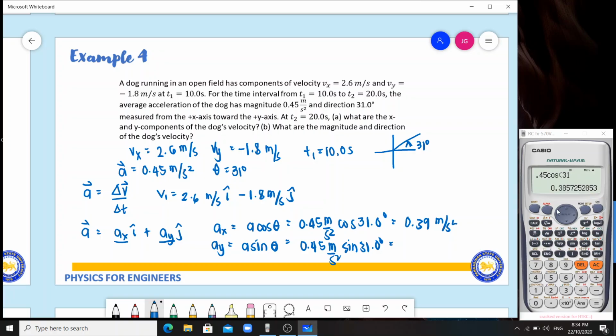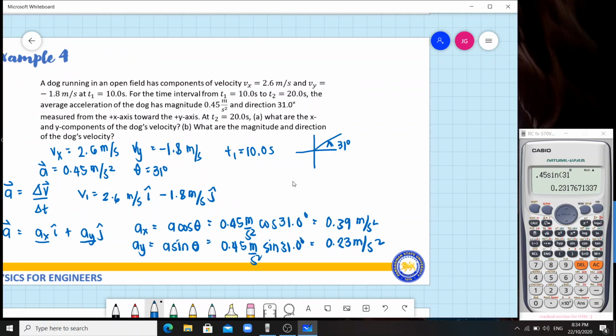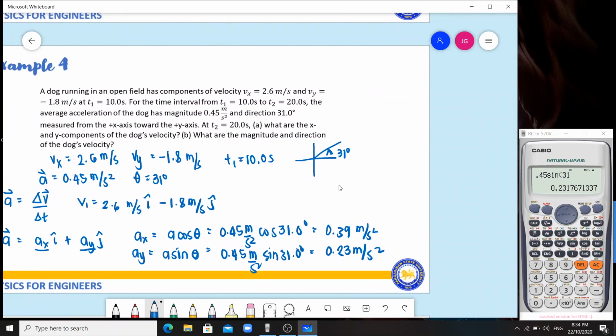And kapag sine naman, that is 0.23, okay, meters per second squared. And dito na lang tayo sa gilid, okay.